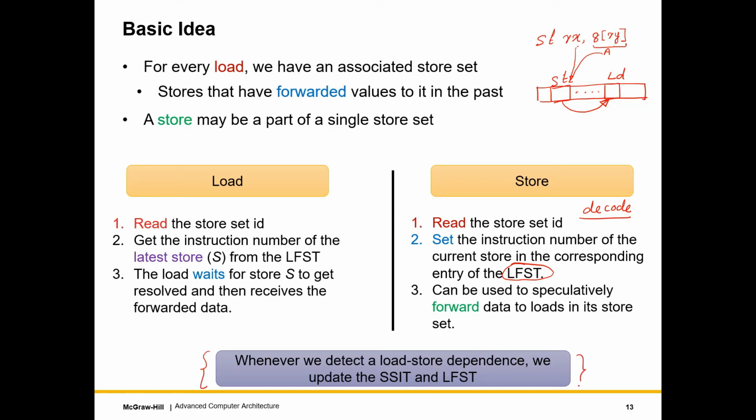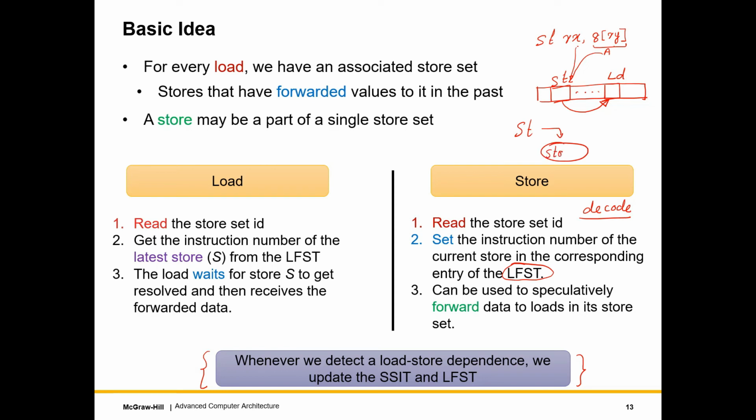Well, the details are there in the book in chapter 5. But clearly, when we detect a load store dependence, then if a store set has already been allotted, we simply add the load to the store set, or we just record that for this given load, this is the store set. And let's say if the store is not a part of the store set, then we add the store to the store set, right?